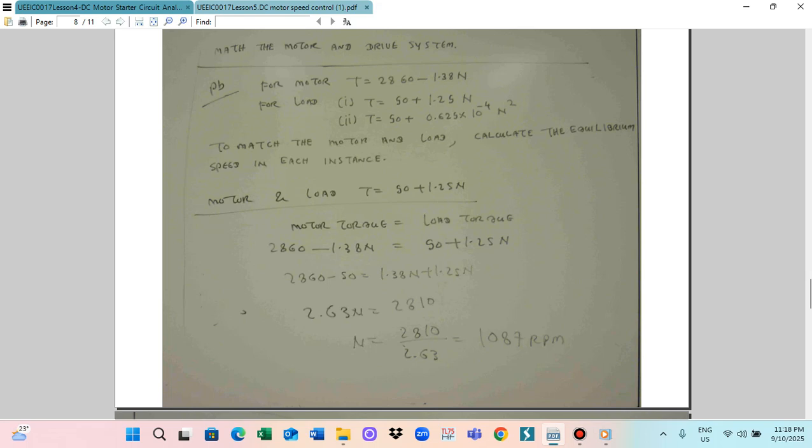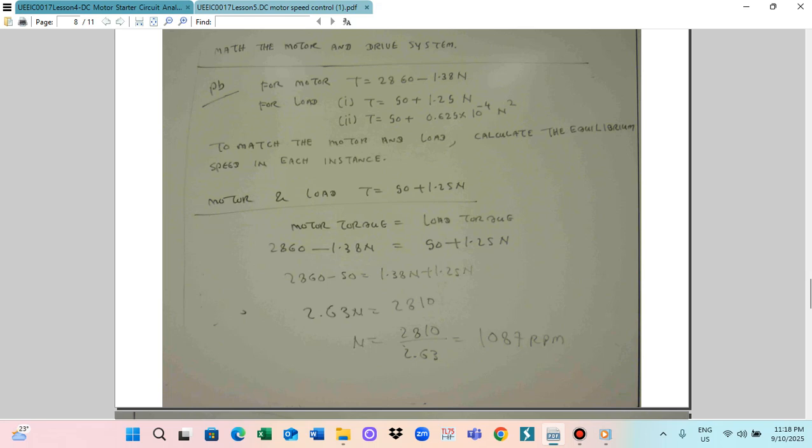This is the equation to calculate the DC motor voltage: E_b = φZN/60 × P/A. E_b is the back EMF, φ is the flux, Z is the number of armature conductors, N is the speed, P is the number of poles, and A is the number of armature paths.